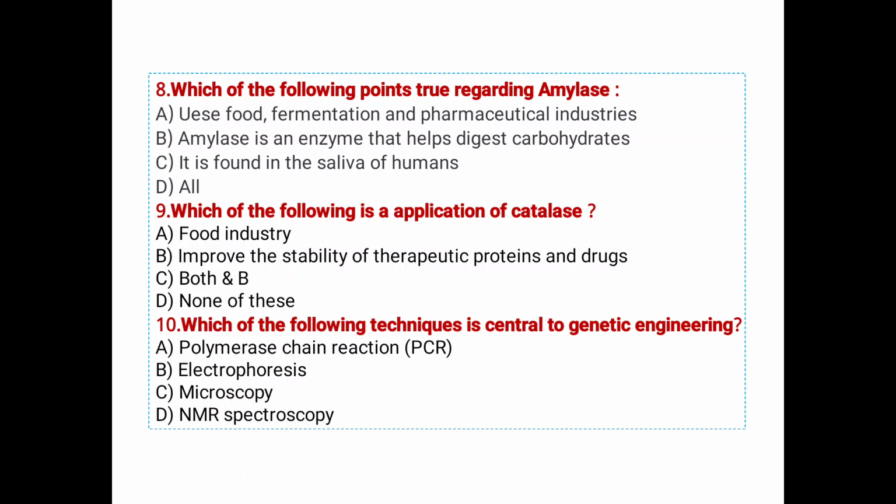And D, all of the above. A, used in food product development, fermentation and pharmaceutical industry, bakery products. B, amylase is an enzyme that helps digest carbohydrates, and C, it is found in the saliva of humans. So D, all of the above, is the correct answer.